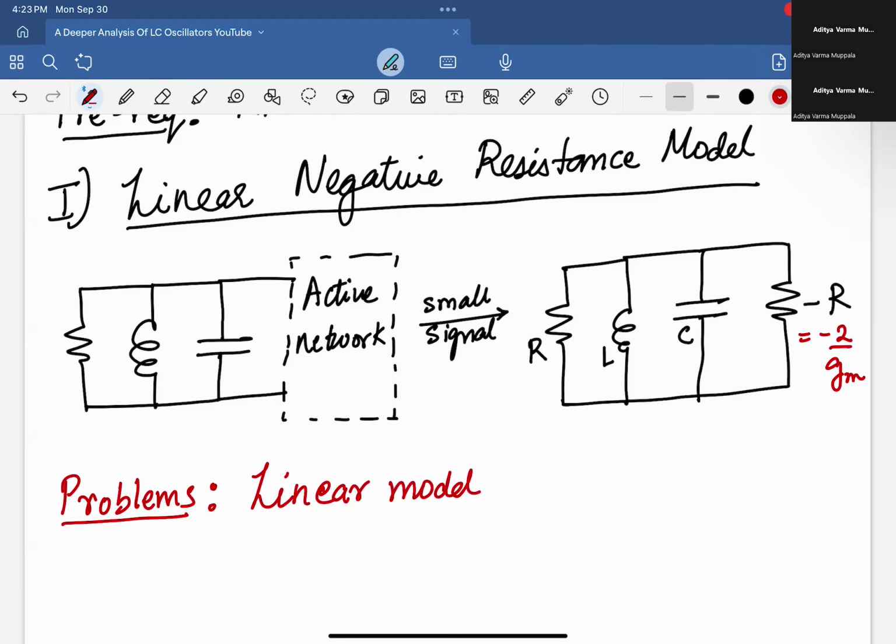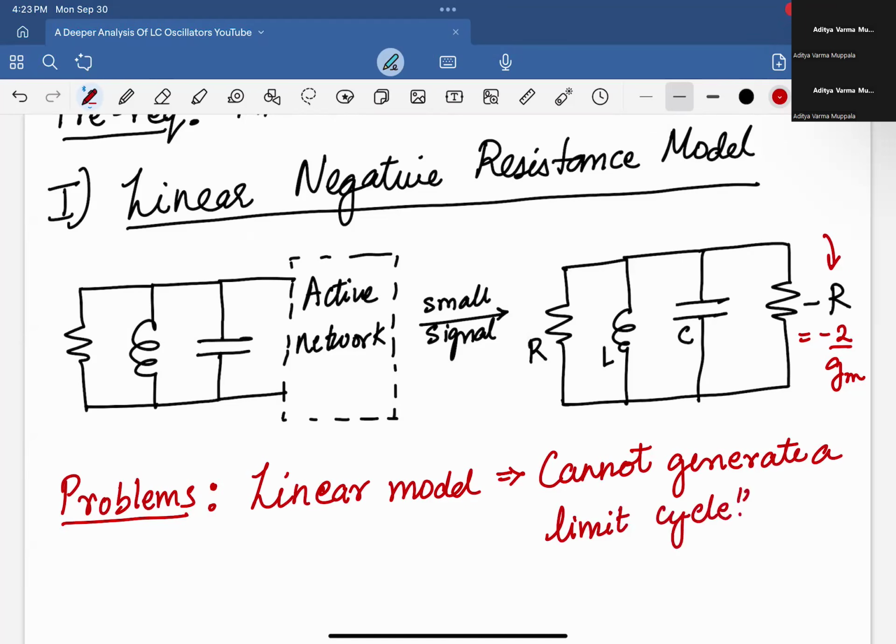Because this negative resistance here is a linear resistance. And therefore we said that, okay, if it's a linear model, you cannot generate a limit cycle. And then we kind of covered that in the limit cycle video as to why it cannot generate a limit cycle. So if you don't know why that is, you should definitely watch that.